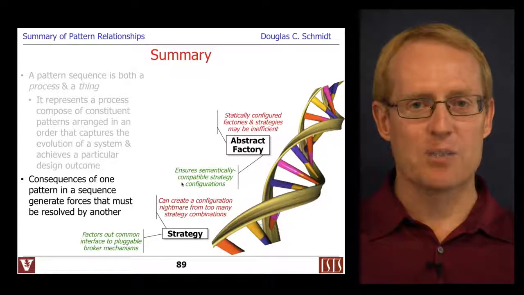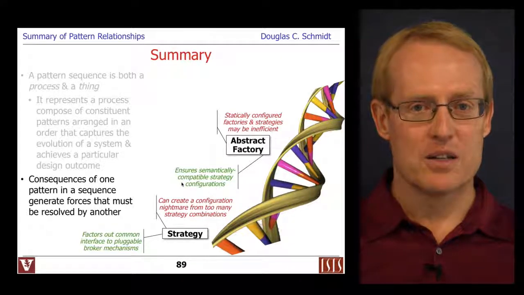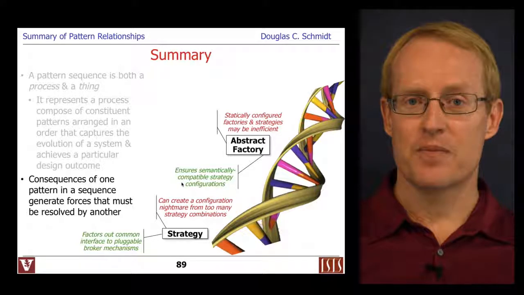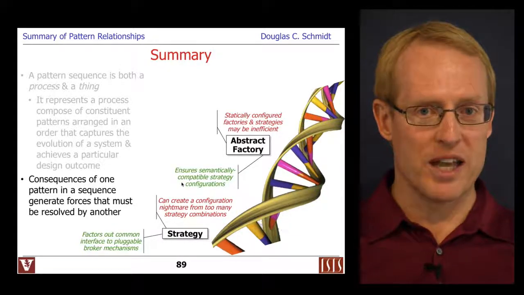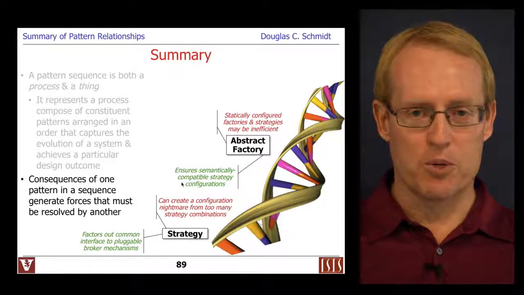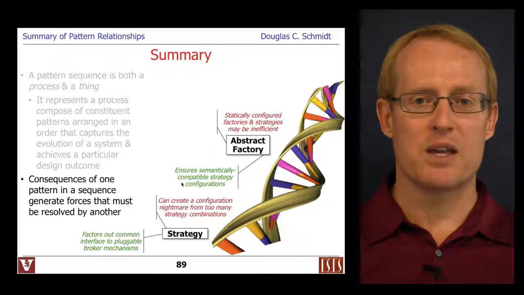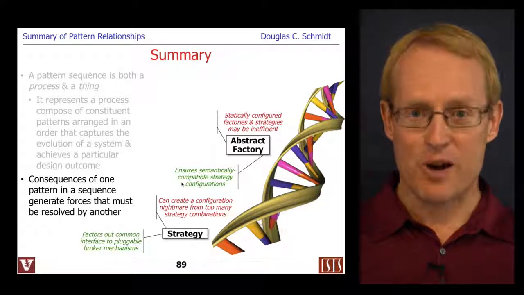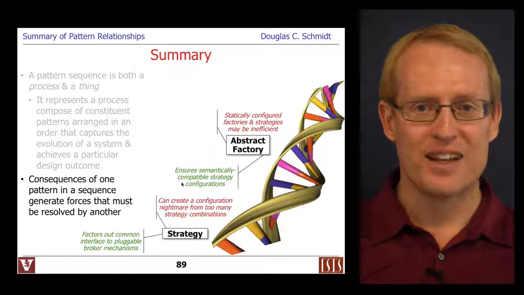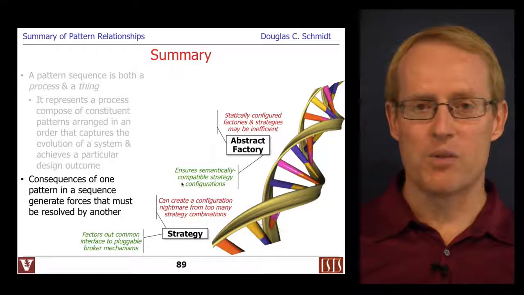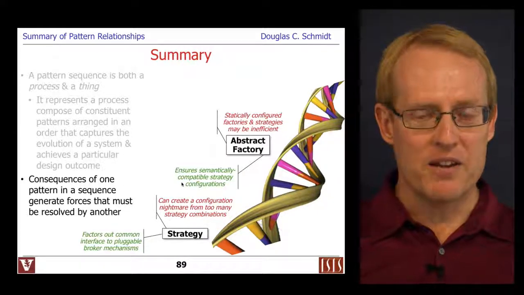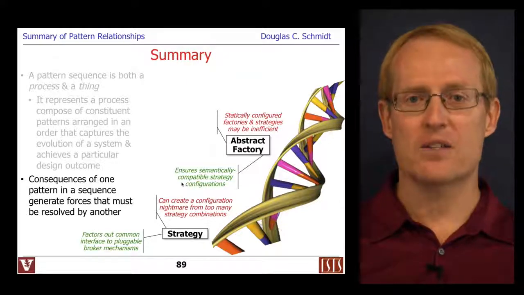And that pattern helped us to be able to group together semantically compatible strategies, thereby making sure that what we put together would work for the particular domain or context in which it was being applied. And that was great, but it had a consequence as well. And that consequence was you could end up with a bloat of too many factories and too many strategies.